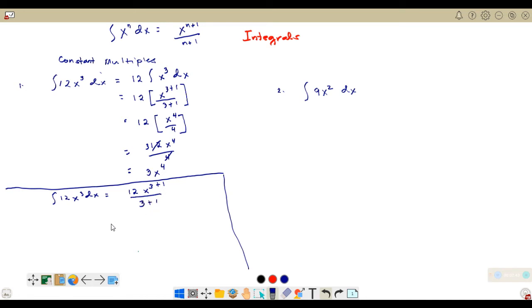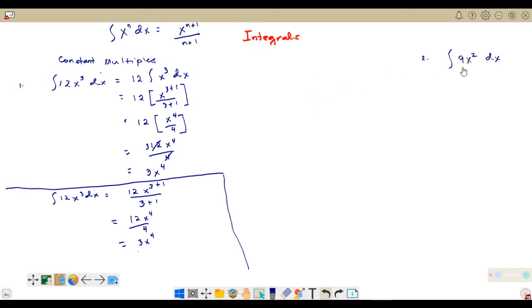And then the new exponent will, of course, still be our denominator. We have 12x to the 4th power over 4 is equal to 3x to the 4th power. So, no matter what solution you use, as long as you are following the rule for finding the integral, you will have no problem. If you are not confident with your answer, you can always perform checking.